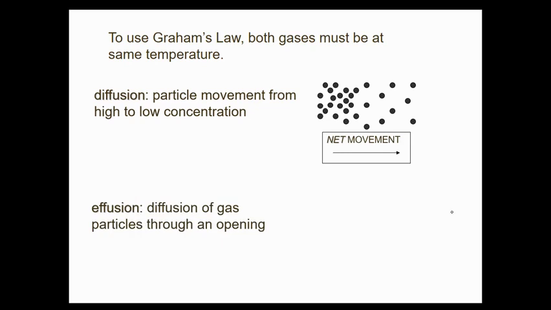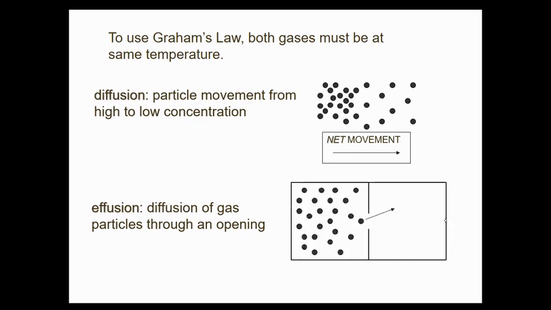Now, effusion is what will happen when you have an opening and the gas particles move through that opening. So if you think about a tire, if a tire gets a hole in it, eventually all the gas particles will move through the opening in the tire and the tire will become flat, and that's effusion.